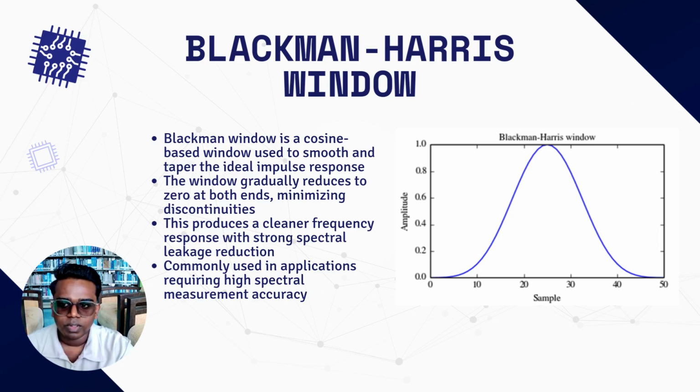The shape of the window becomes steadily smaller at the two ends, effectively reducing the number of discontinuities and giving a more desirable frequency response. The Blackman window is also commonly applied where spectral measurement accuracy is extremely important, because it has good leakage reduction.